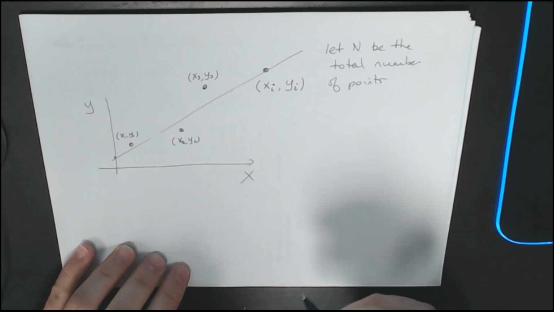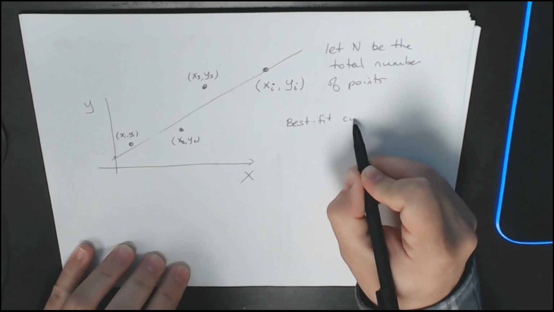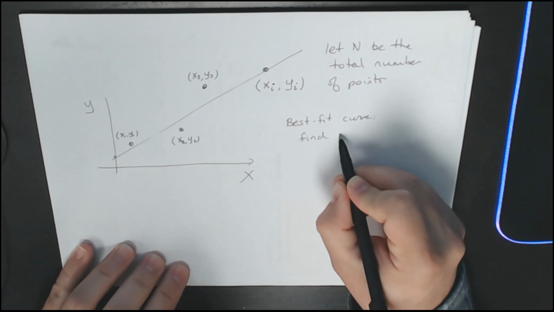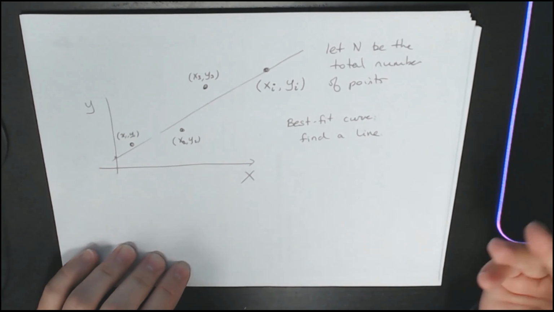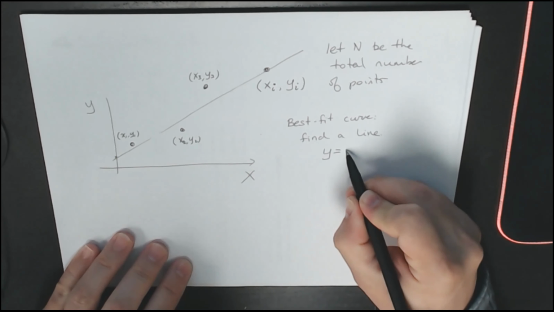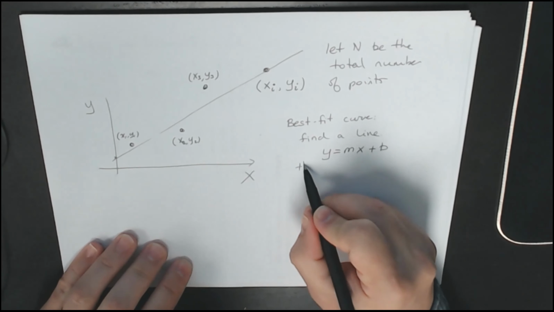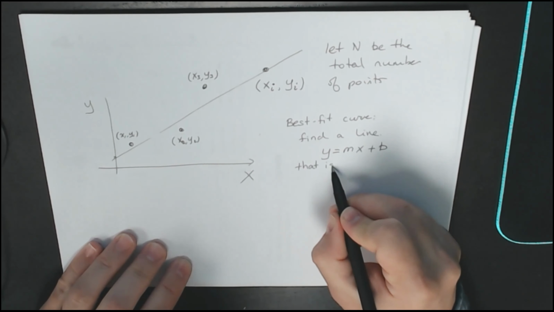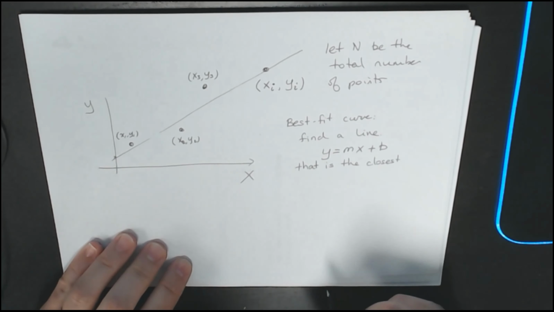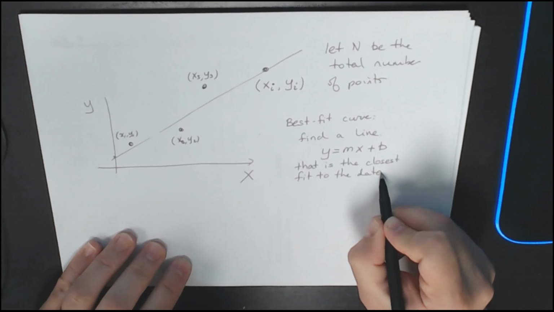So the goal, what we mean by a best fit curve, is to find some line, and I'm doing the one-dimensional, first-order case here, that is the closest fit to the data.